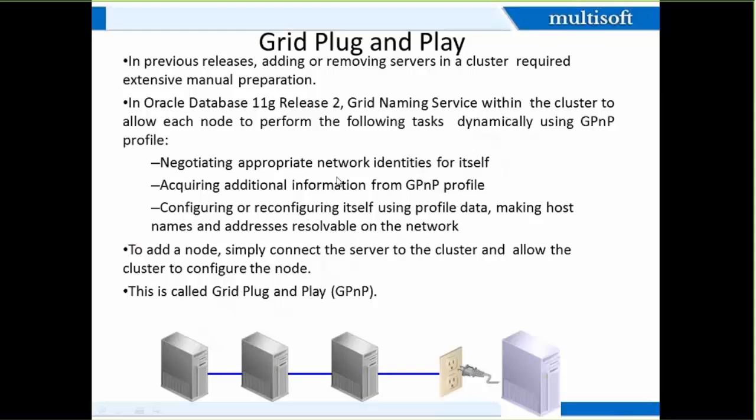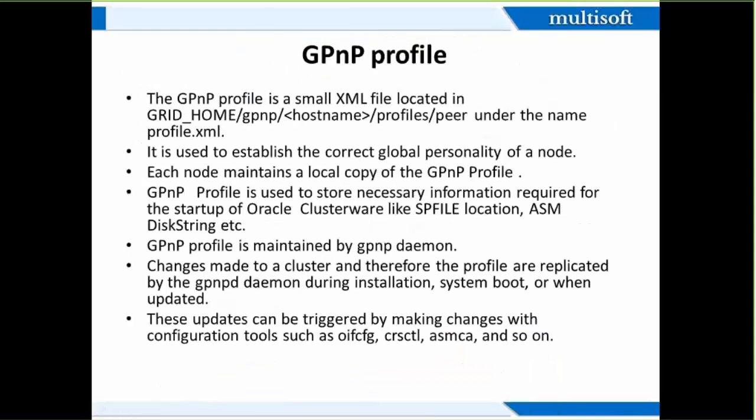This GPnP profile is saved in the location Grid home/gpnp/hostname/profiles/peer. Inside this peer folder there is a profile.xml. It is used to establish the correct global personality of the node. Each node maintains a local copy of the GPnP profile. It is used for the necessary information required for startup of Oracle Clusterware, like the SPFILE or ASM disk string.